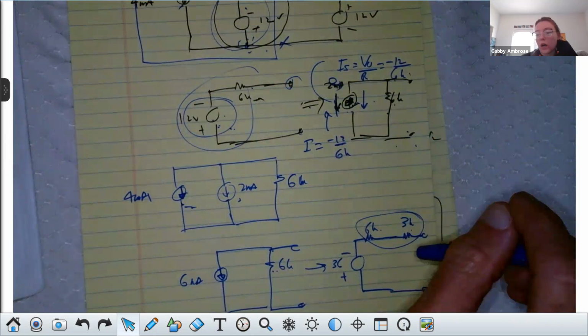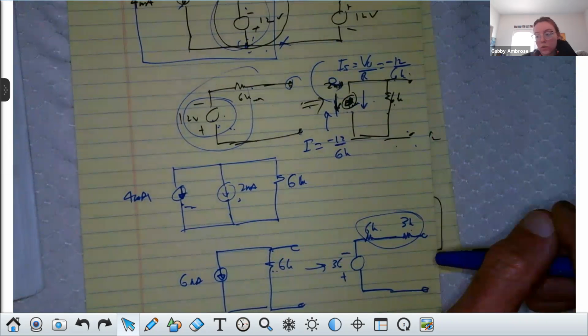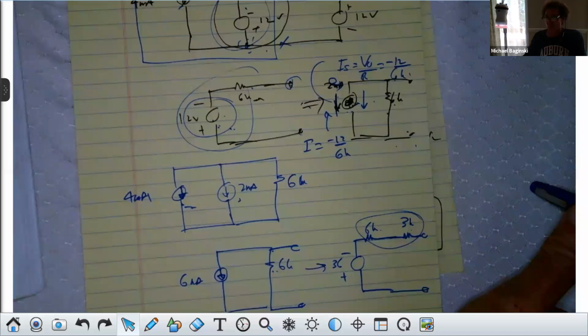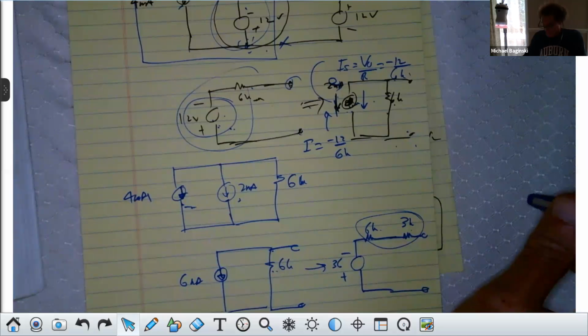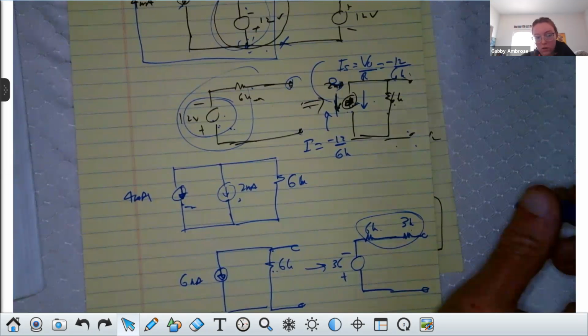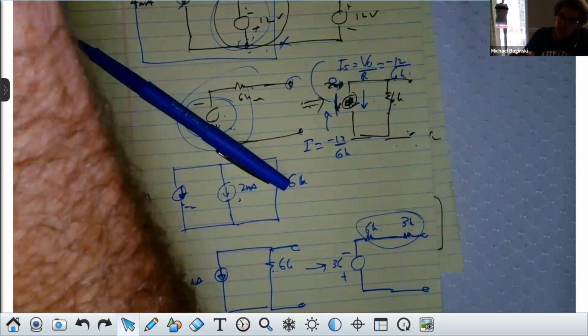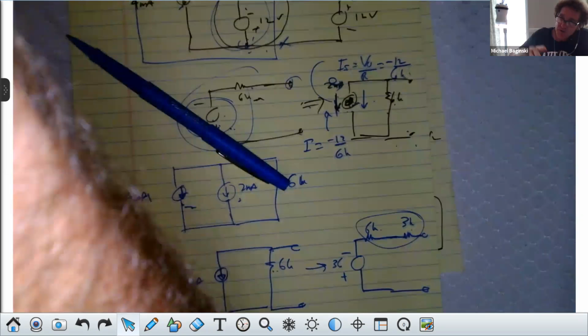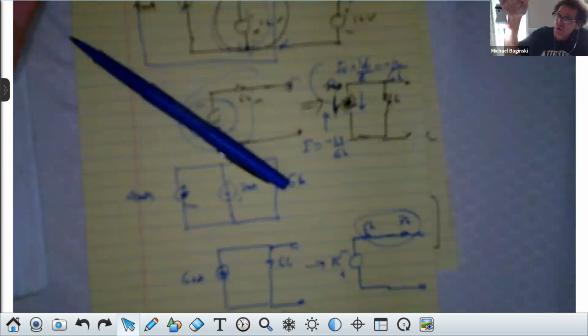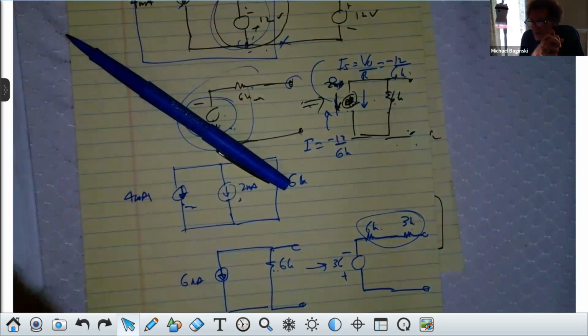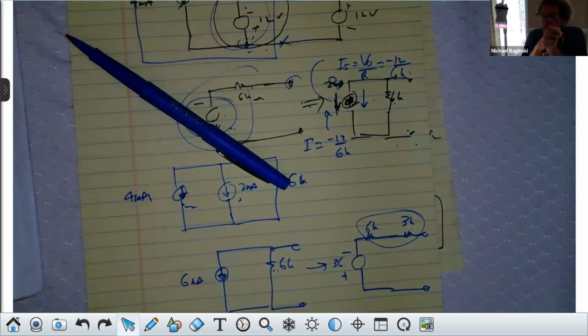Can you only combine current sources when they're in parallel and voltage sources when they're in series? Absolutely right. That's exactly it. Why is that? Well, voltage sources are like pressure. If you had an increase of 5 pounds of pressure, then another increase of 5 pounds of pressure in series in a piping, the total pressure differential would be 10 pounds per square inch, right? It's the same thing. It's electrical pressure. Now, currents are like flow rates of water.